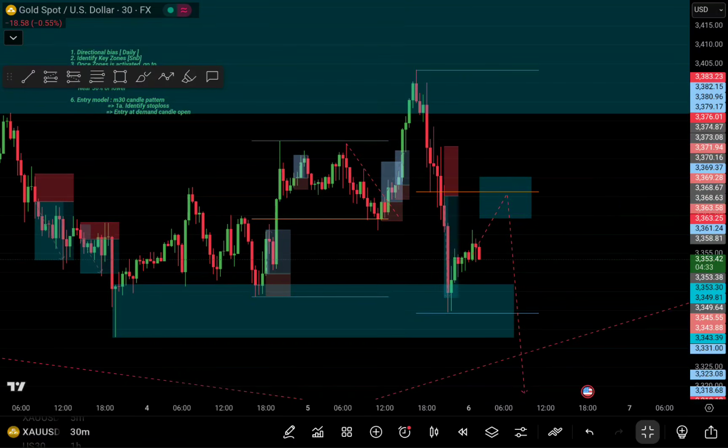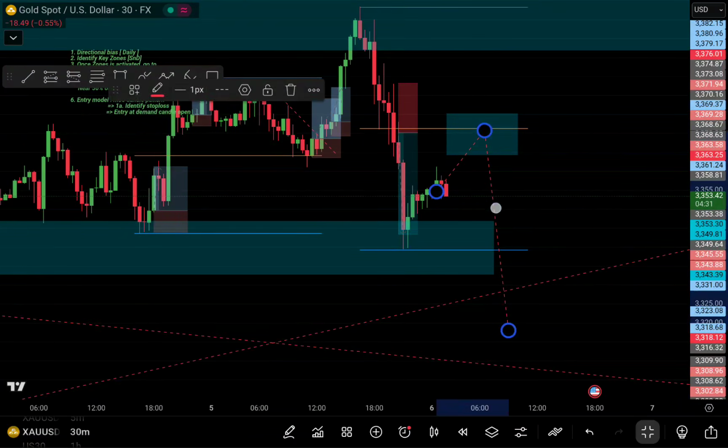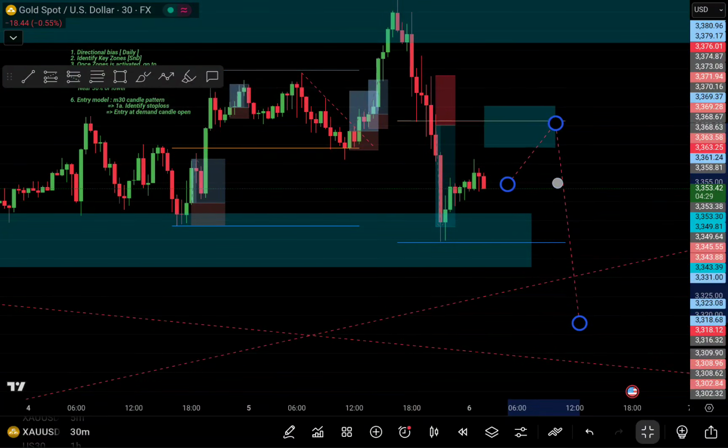Okay, so yeah, and also always look for entries right after the close of M30 candle. Because when the momentum is strong, if you miss by just 1-2 minutes, you're gonna miss the entry, price is going to go.